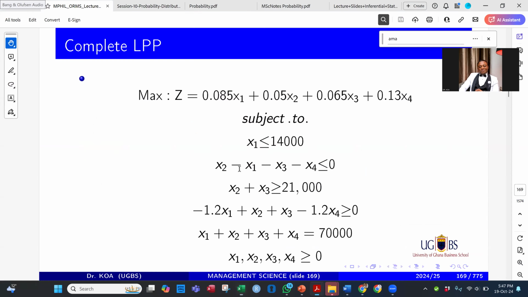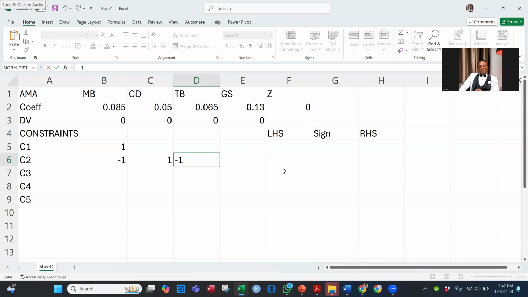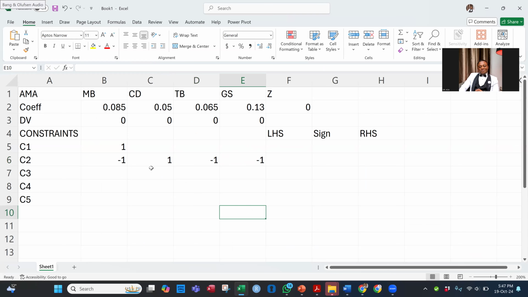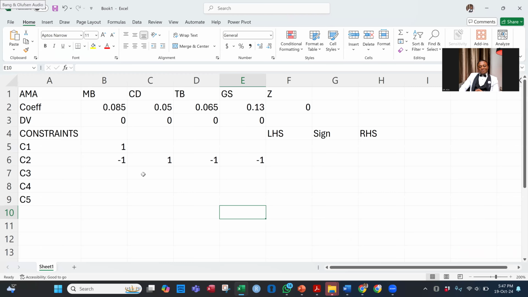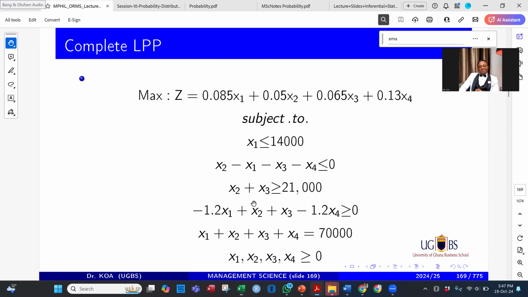And then x3, it's -1 in front of it. So you write -1. And then x4 is also -1. So the constraint 2 had all of them. Constraint 3 had only x2 and x3. And in front of each one is 1 and 1. So you go to the x2, you go to the x3, you type 1, 1.